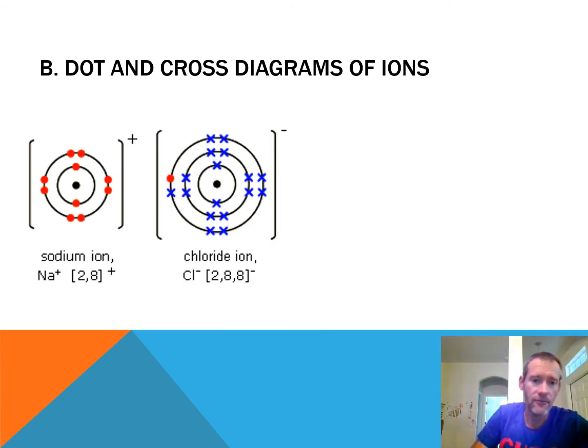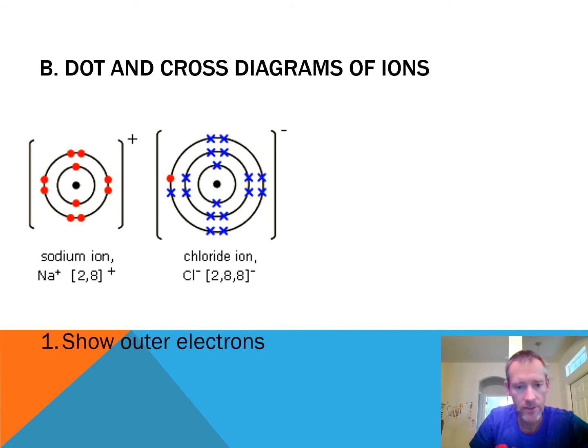Dot and cross is a very common way to represent these. Basically, you just show the outer ring, or the rings of the Bohr model of the element, and you show that sodium in this case is +1 because it lost its 1 electron, and chlorine you see has an extra electron, and their configurations are 2,8 for sodium, and for chlorine 2,8,8.